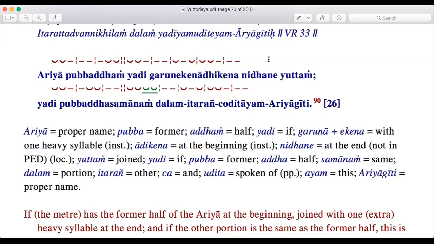Nidhane, at the end. Ekena adhikena garuna, with one extra garu. Yuttang, endowed with. There is one extra garu at the end of the first half of the Arya verse. Yadi pubbadha samanang, then if the other half, itarang, is the same as the first half, chodita ayang Arya giti.